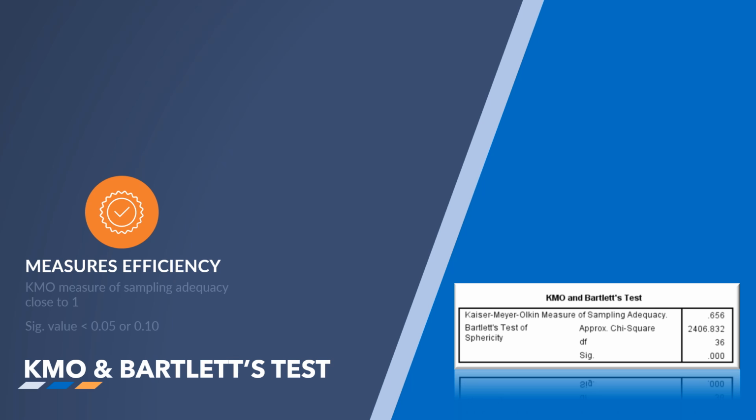The next table that was revealed is the KMO and Bartlett's test, which signifies the efficiency of your data. If the efficiency parameters in this table are not met, it could mean that the factor analysis test was not successfully applied. The qualifying criteria for the KMO and Bartlett's test are: the KMO measure of sampling adequacy should be more than 0.5, and the significance value should be less than 0.05 or 0.10.